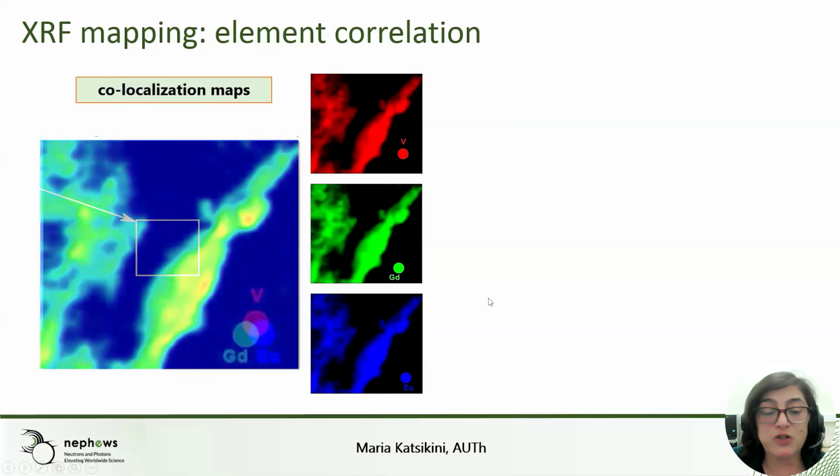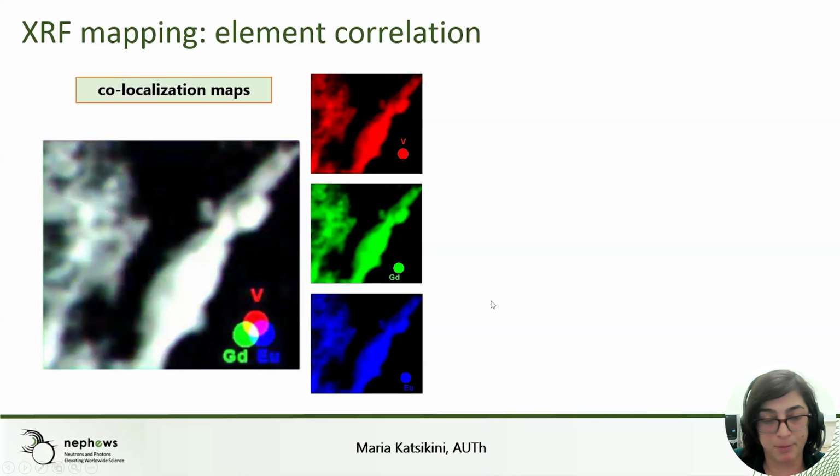And then we superimposed these maps with certain transparency. According to the RGB model, when we observe white parts, this means that the elements are co-localized. So this is the case here. So we don't have out-diffusion of gadolinium, which is toxic, in the tissue. It remains in the nanoparticle.